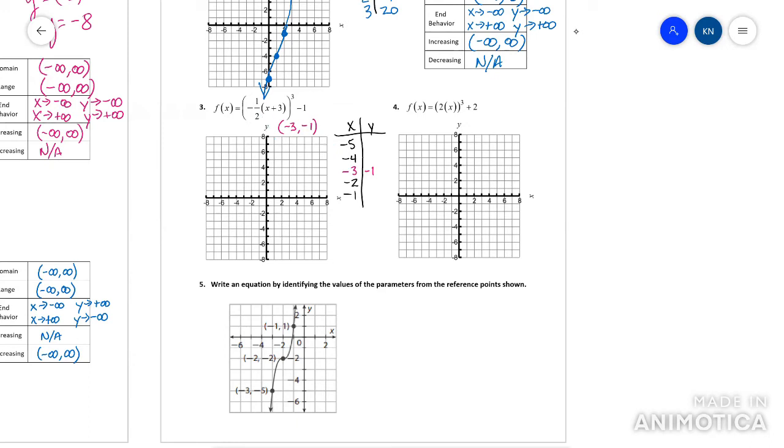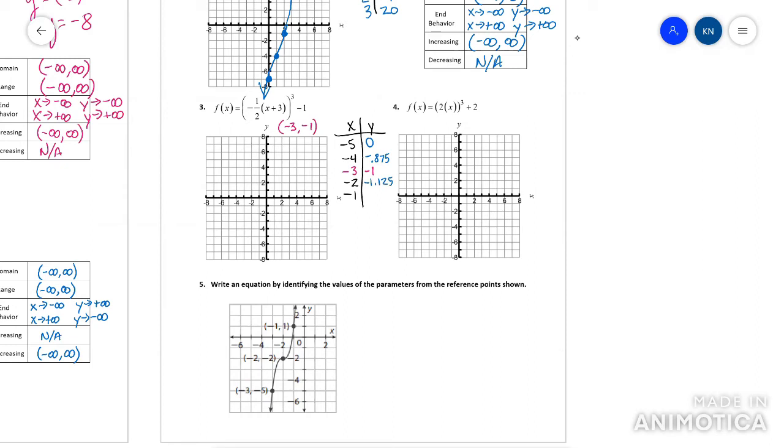So when you plug in -5, you're going to get 0. When you plug in -4, you get -0.875. When you plug in -2, you're going to get -1.125.